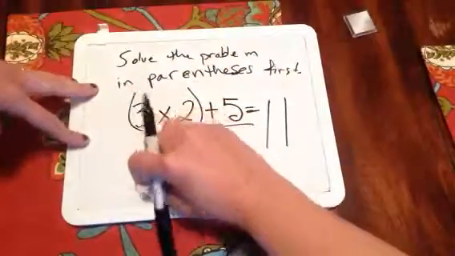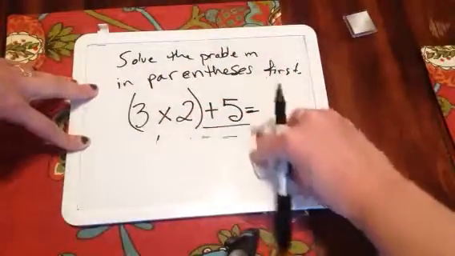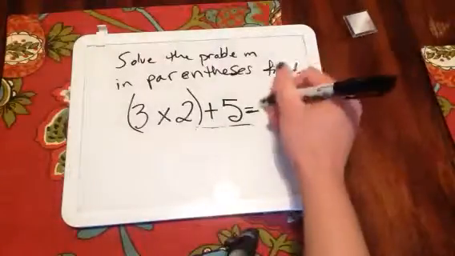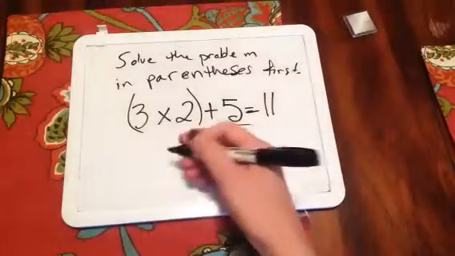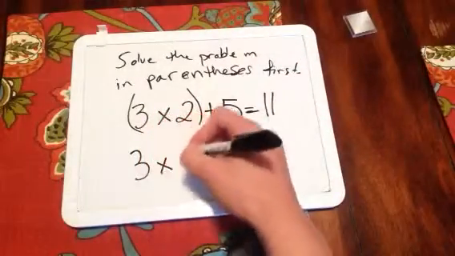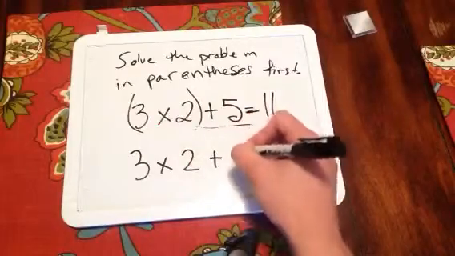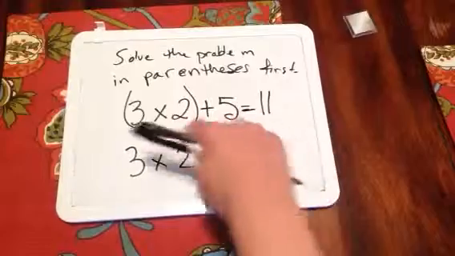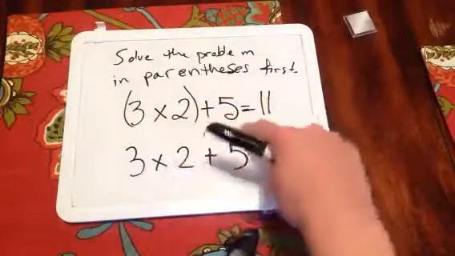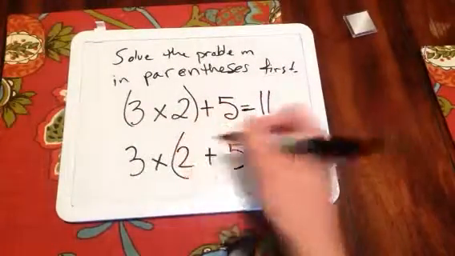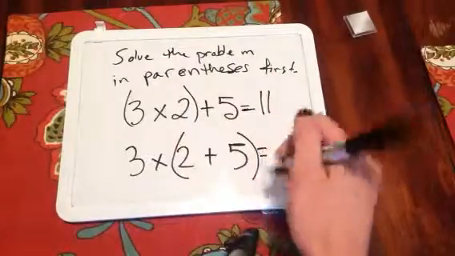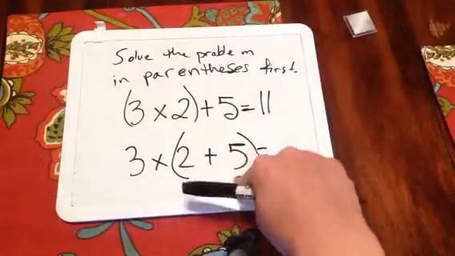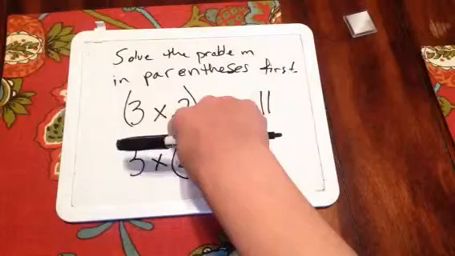Let's see what happens when the parentheses are moved around in this problem. I have the same numbers, identical operations to this particular problem, but now I'm going to move the parentheses to 2 plus 5 and not 3 times 2.